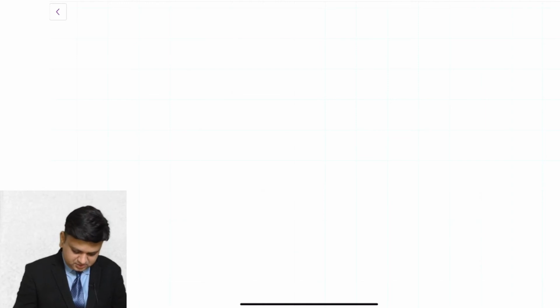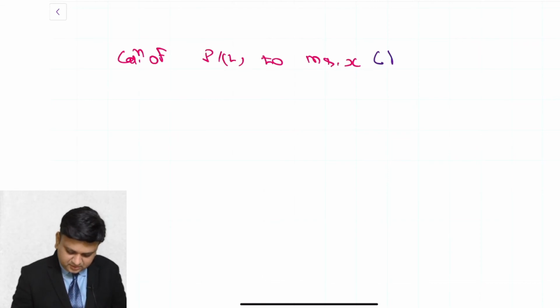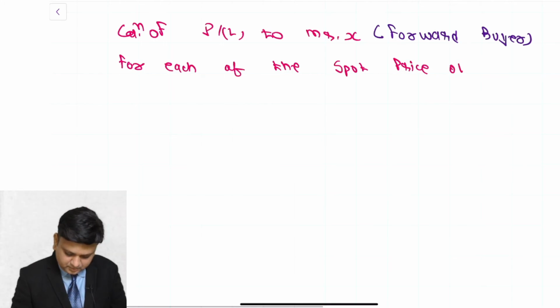Write down answer. Heading is calculation of profit or loss to Mr. X (forward buyer) for each of the spot price of security.